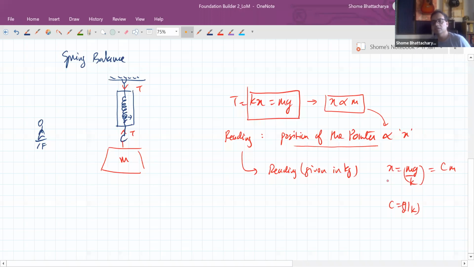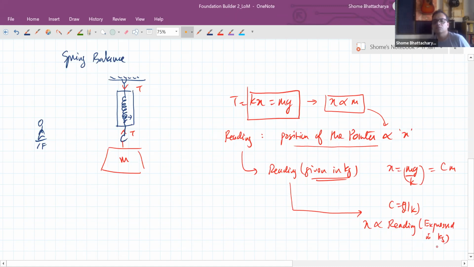So this reading is now given in kgs. Instead of giving it in meters, it is given in kgs. Understand? So the value of the scale is calibrated in such a way that this x quantity is proportional to the reading, and the reading is expressed in kgs.